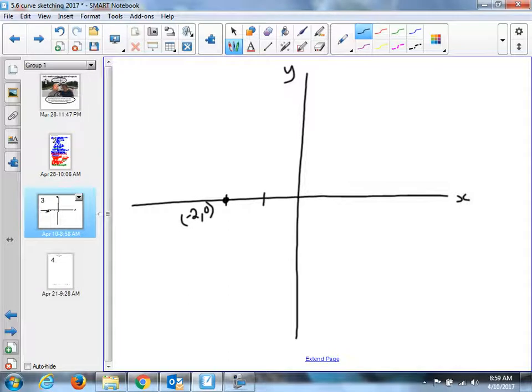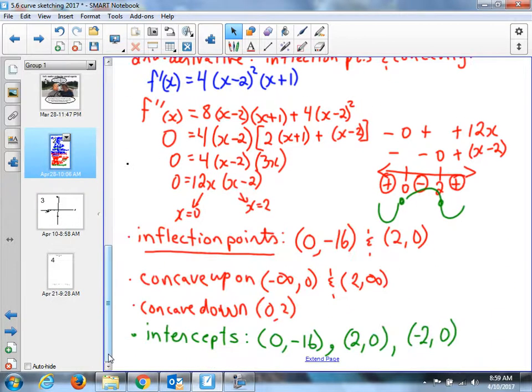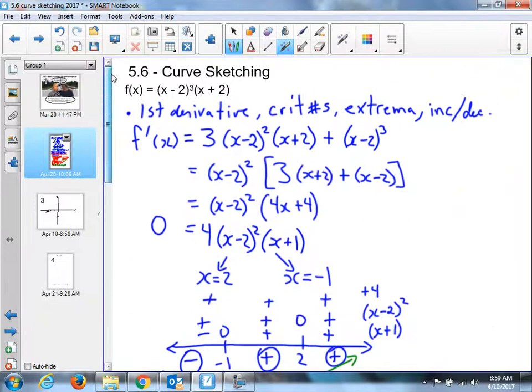I've got an intercept. Now, obviously, if this is a spacing of negative 2, I'd never fit, what, negative 27 is my min, right? So I'm going to just call this about here. It's one of my intercepts, right? Just 0 and negative 16 is what I was just going to plot. But 2, 0 and negative 2, 0. Now, I did the negative 2 because just looking at this, you could probably see negative 2 would give me a 0.